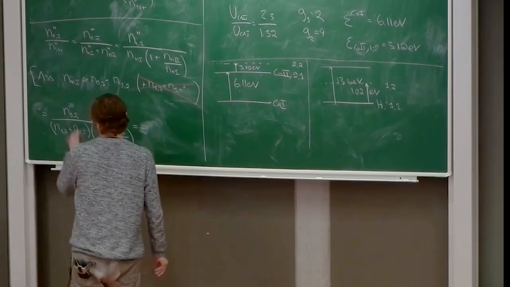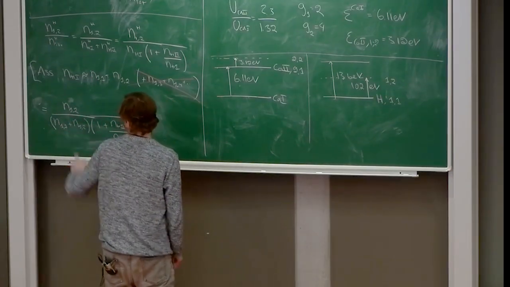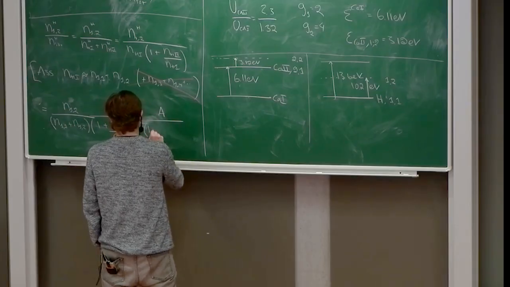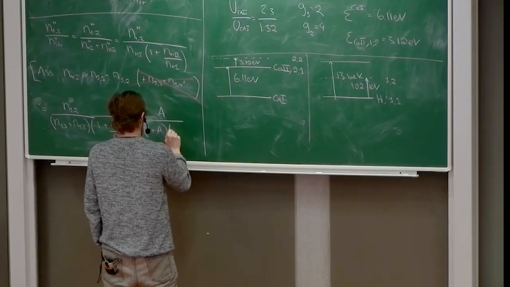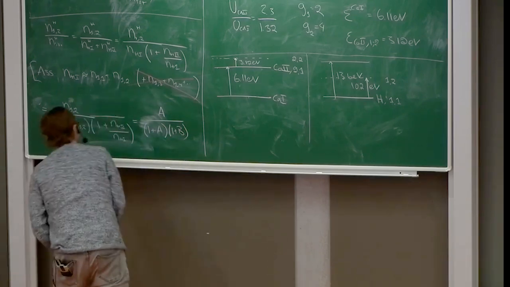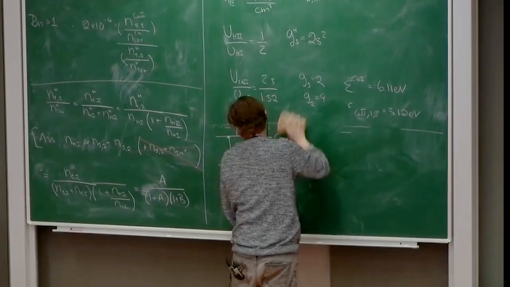And this we can write, if we bring out that factor, as A divided by 1 plus A, times 1 plus B, where I've just defined two fractions here, for simplicity of notation.